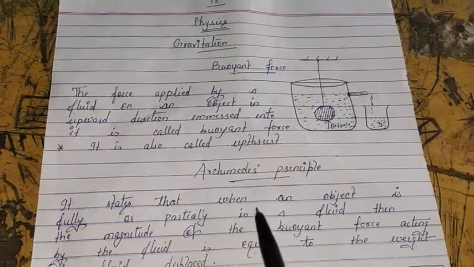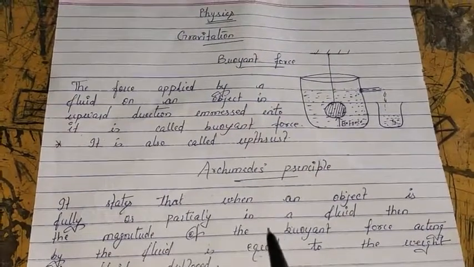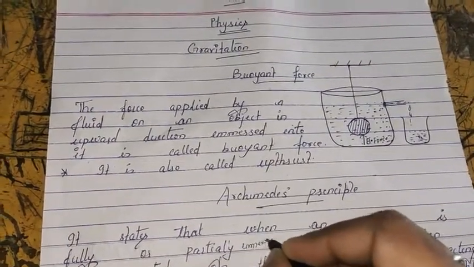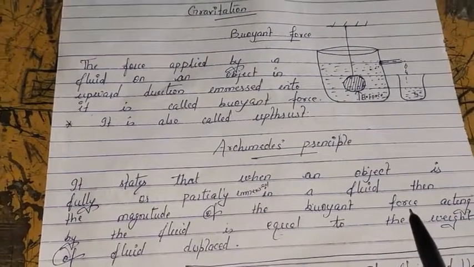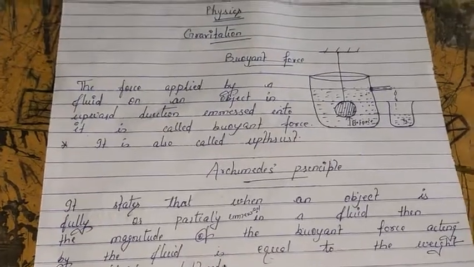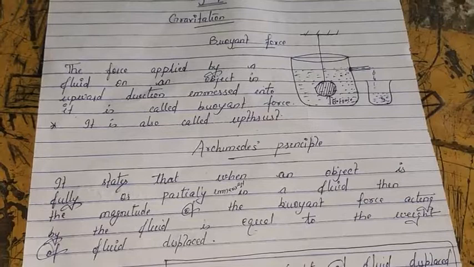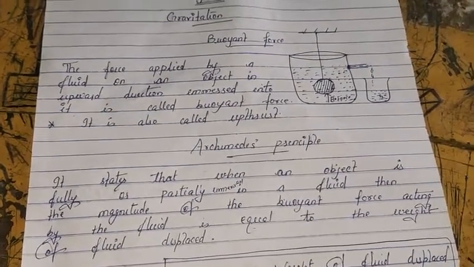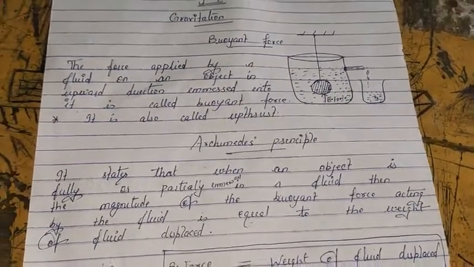That is, when an object is fully or partially immersed in a fluid, then the magnitude of the buoyant force acting by the fluid is equal to the weight of fluid displaced. Now we are here to write BF or buoyant force, which is equal to weight of fluid displaced.